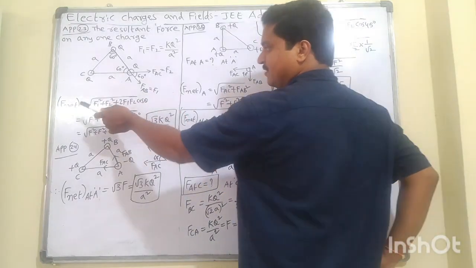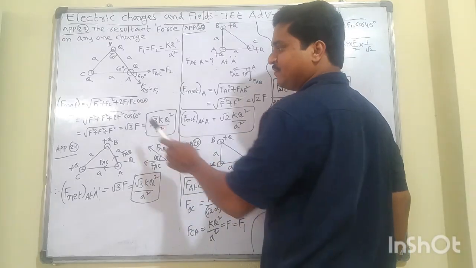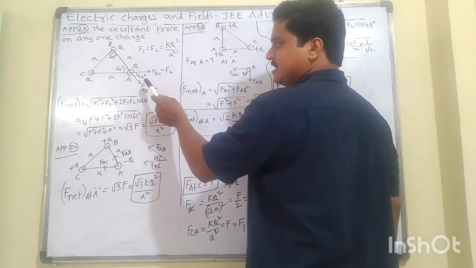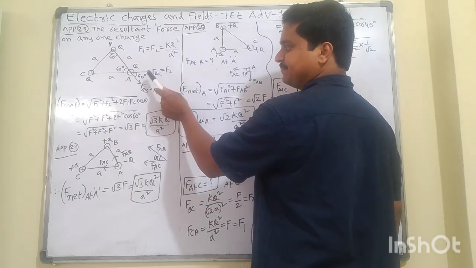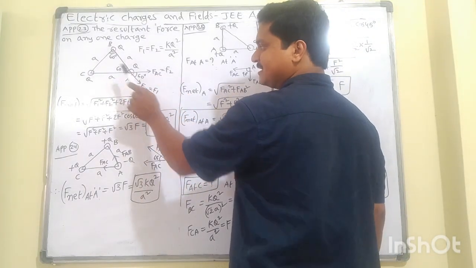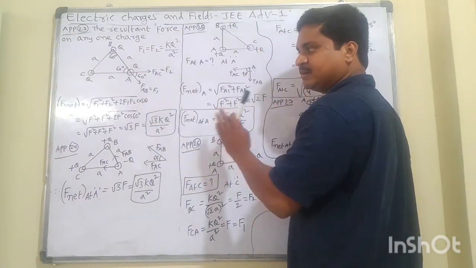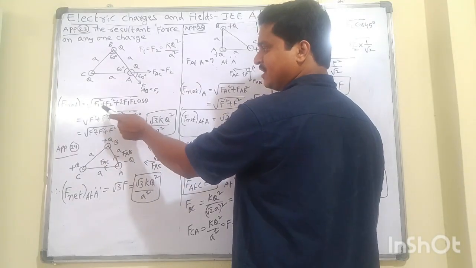So the net force formula for two forces having angle theta between them is root of f1 square plus f2 square plus 2 f1 f2 cos theta. Here f1 means FAB, f2 means FAC. f1 is kq square by a square, f2 also kq square by a square. Both are equal forces, so you can take f1 as f and f2 also f.